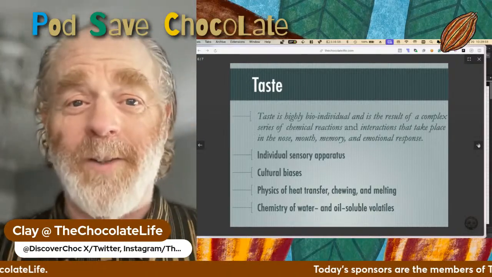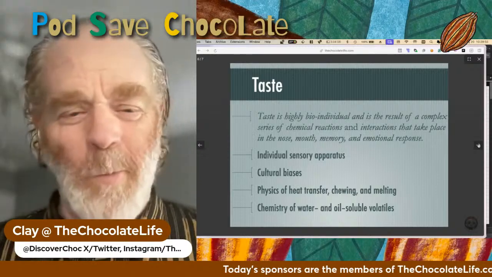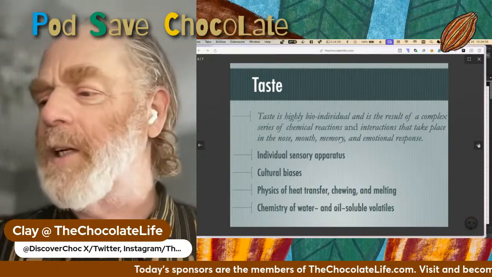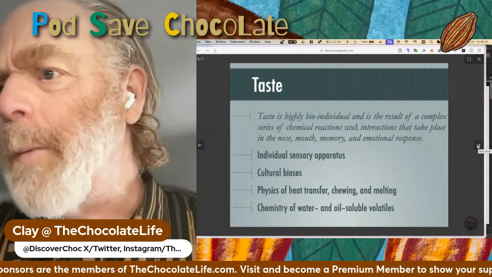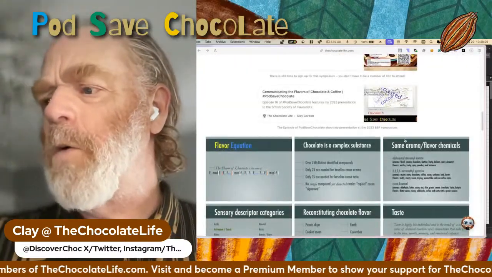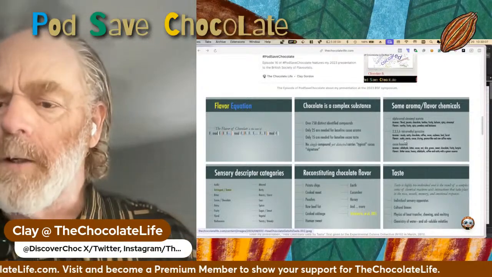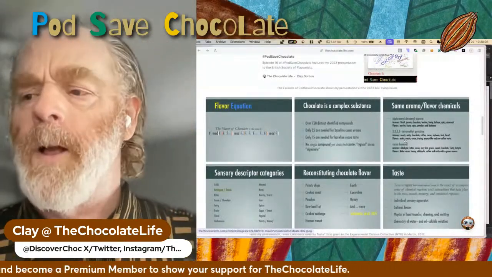So if you ever read a paper on this, it's really important to understand what their sampling techniques are and what they control for. Anyway, I'm going to end it there for this particular part of the presentation.